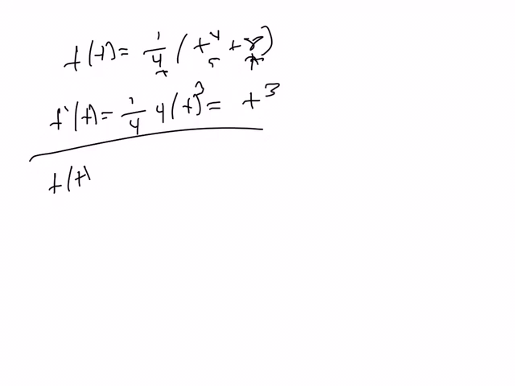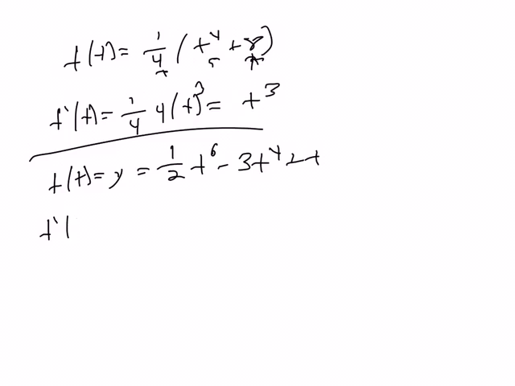Okay, next problem, problem 8. f of t is equal, let's say, to y is equal to a half t to the sixth minus 3 t to the fourth power plus t.